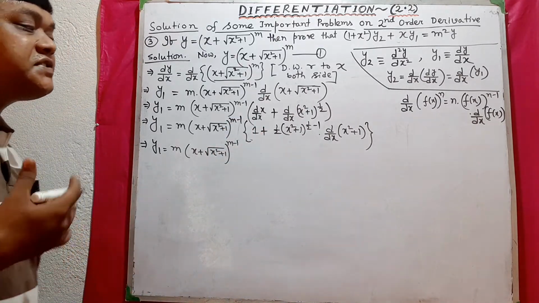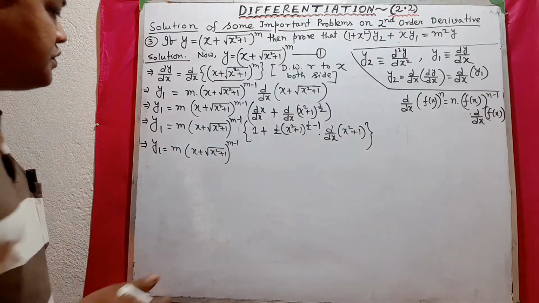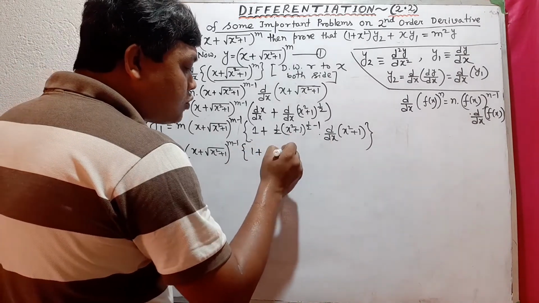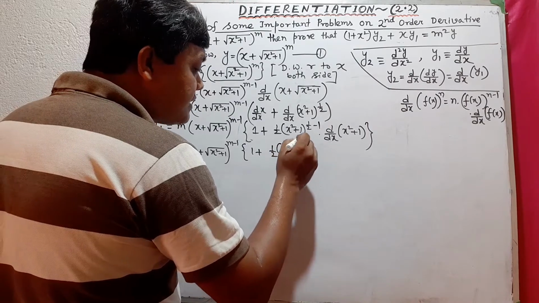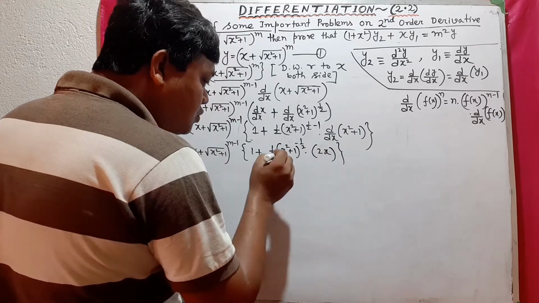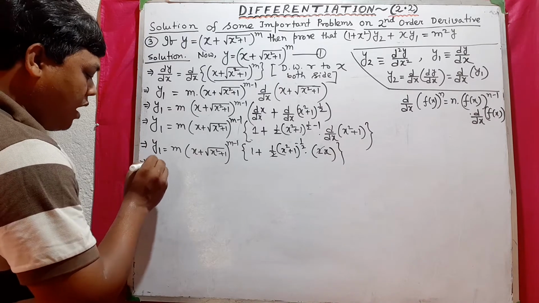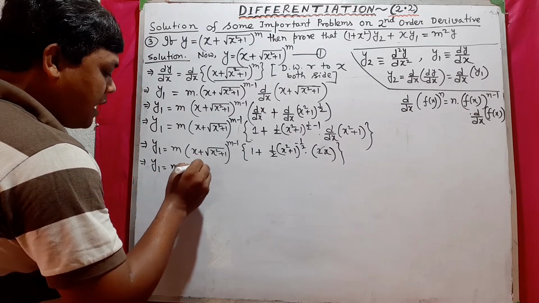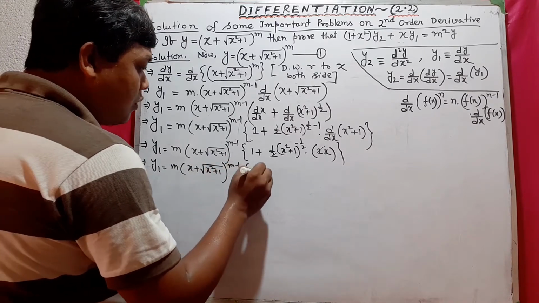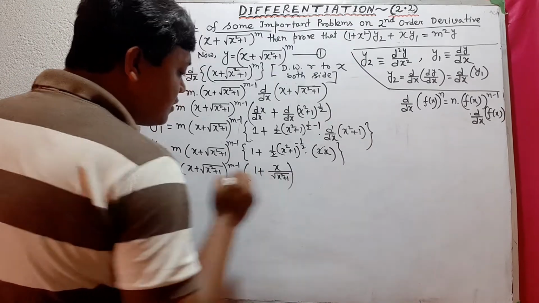Okay, I am doing more steps for your understanding, but you can jump steps. You can directly calculate and put it in. So 1 plus half, x square plus 1 whole to the power minus half, and this is 2 into x, that is 0. So 2 cancelled. So you will get y1 equals m into x plus square root of x square plus 1 whole to the power m minus 1, 1 plus x by square root of x square plus 1.